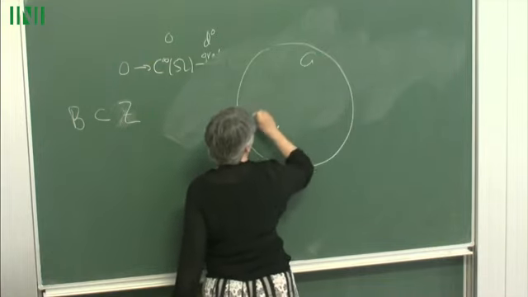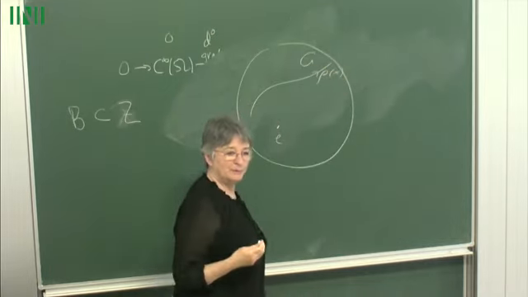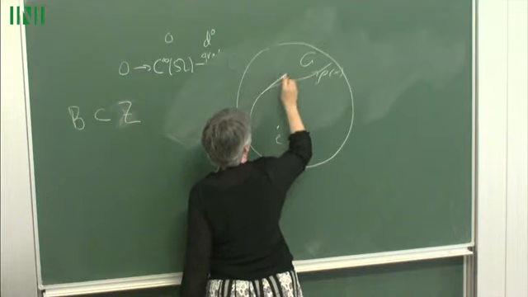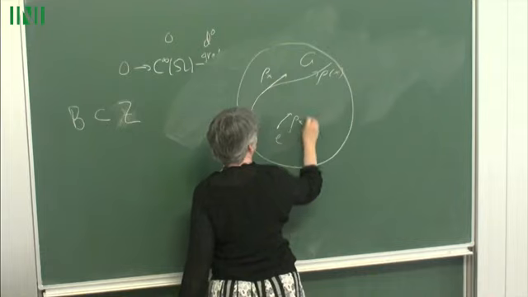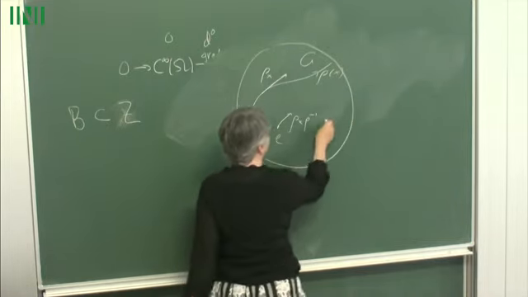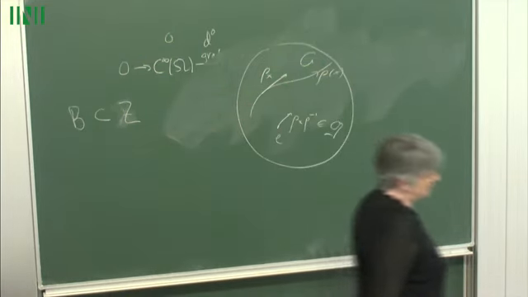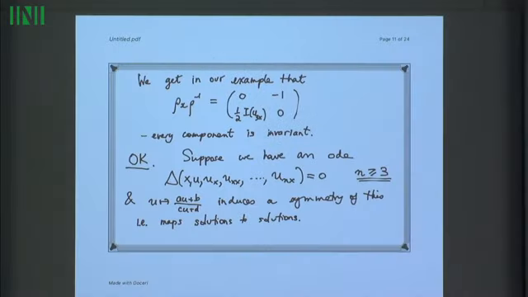Here's the identity. Here's my path in the group given by rho, and if I differentiate it and pull it back, I end up in the Lie algebra. So the Lie algebra of SL2 is trace-free 2 by 2 matrices, and that's what I have.